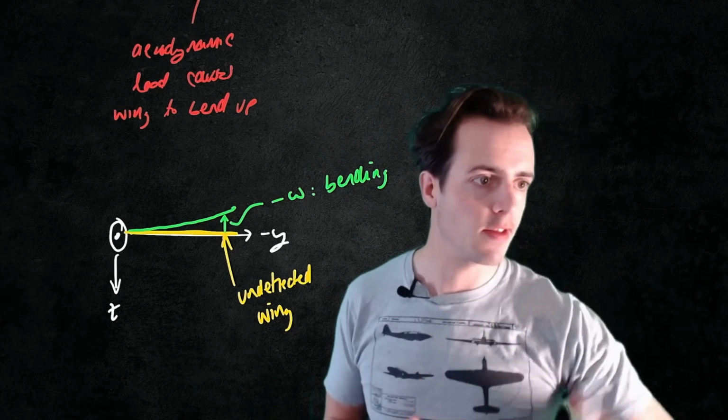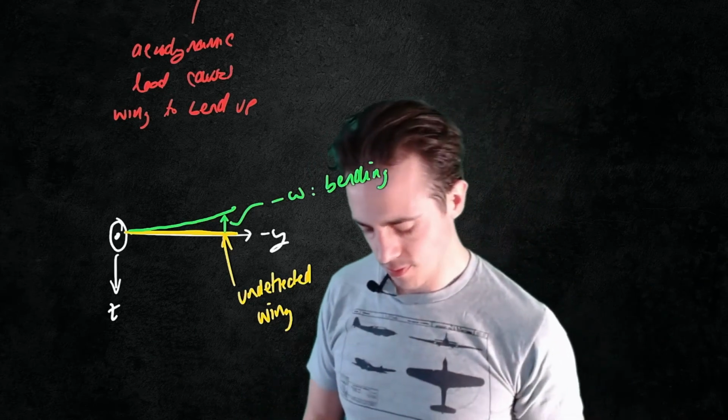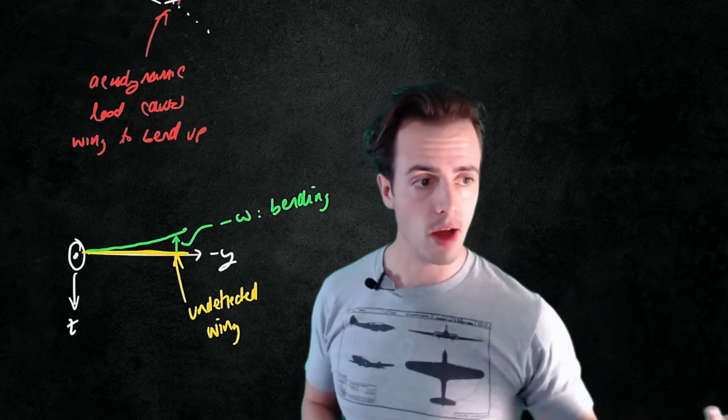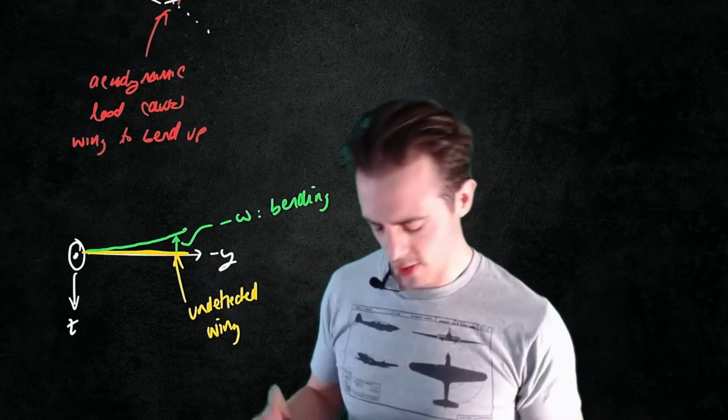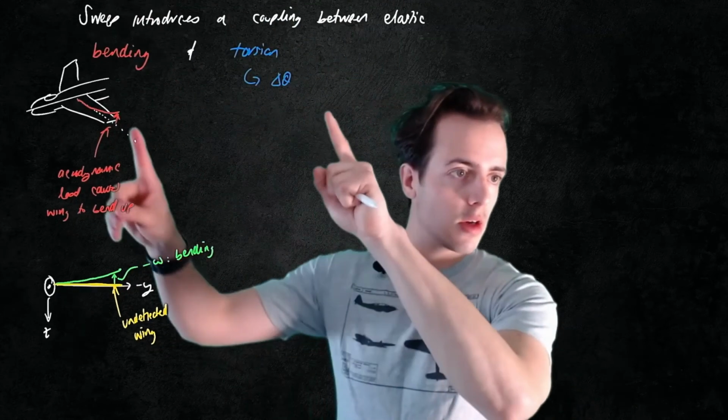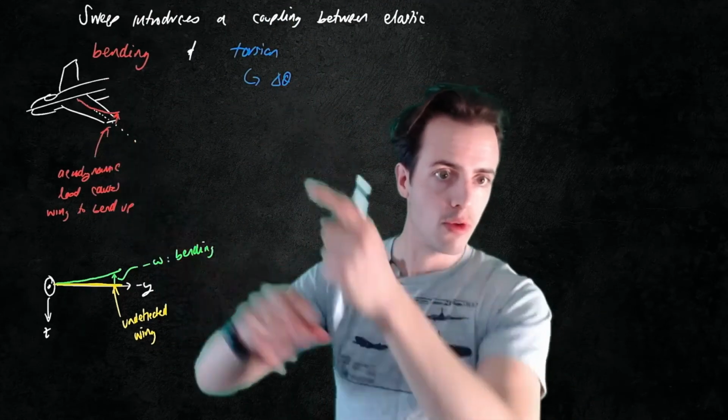We have U, V, and W associated with X, Y, and Z. We're going to use this nomenclature because it keeps us consistent with other courses and with textbooks for this course. So let's see if we can work out a model that couples this bending and torsion due to sweep.